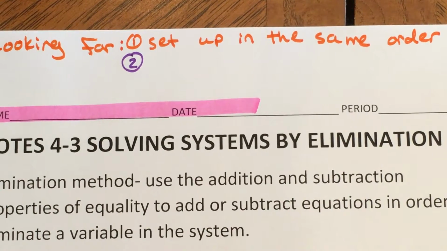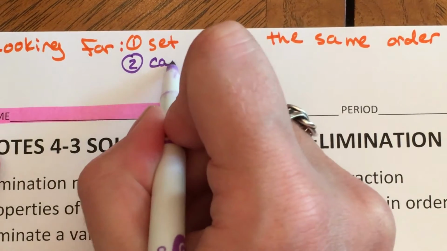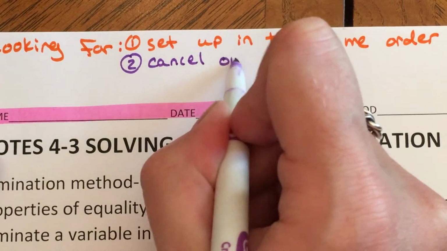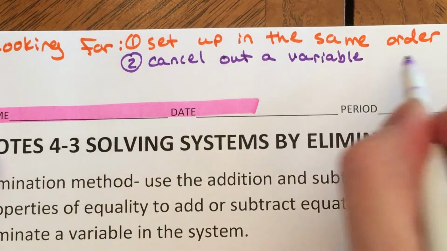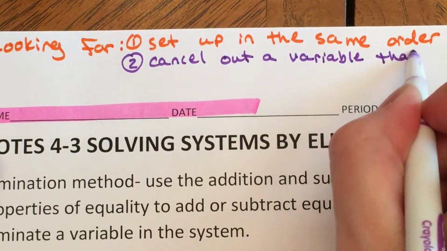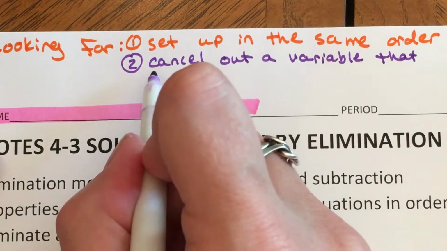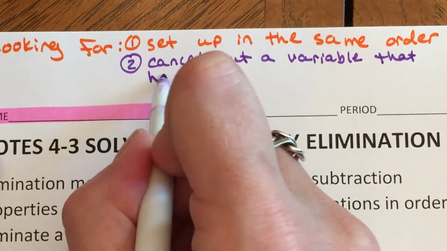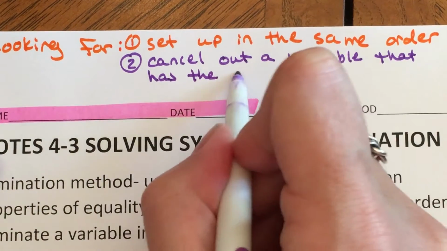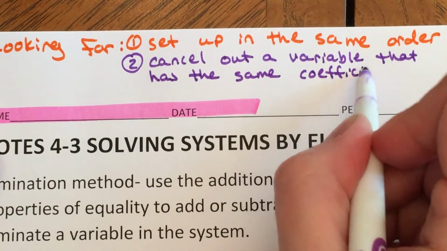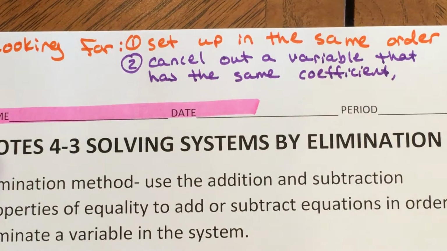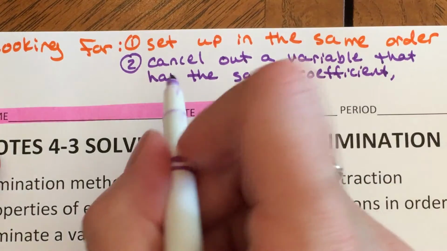So we're going to cancel out a variable that has the same coefficient but one is positive and the other is negative.